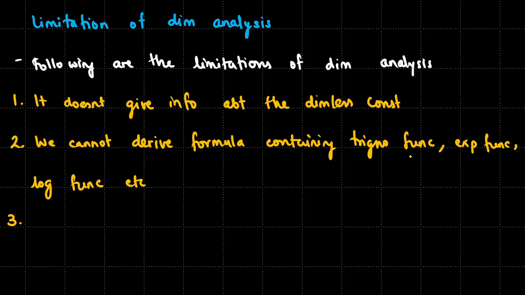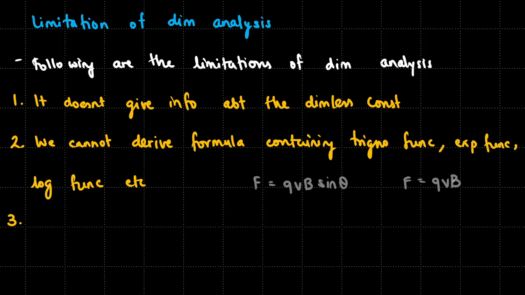For example, if there is a formula called F equals qvB sine theta. So let me write it. F equals qvB sine theta. So if you actually derive this by the dimensional method, you will get F equals qvB.